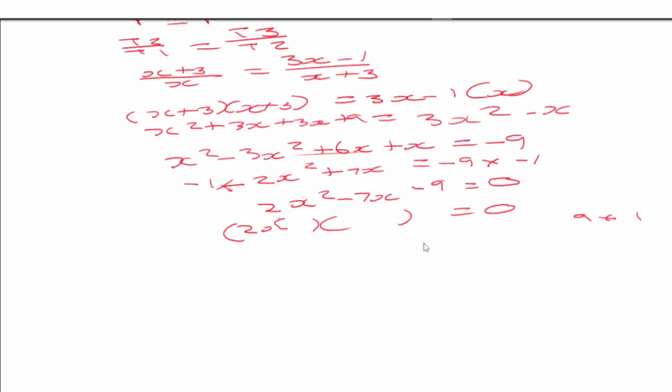So let's say 9 times 1. 2 times 1 is 2, and 9 minus 2 is 7. So we could have a positive 1 here and a negative 9.